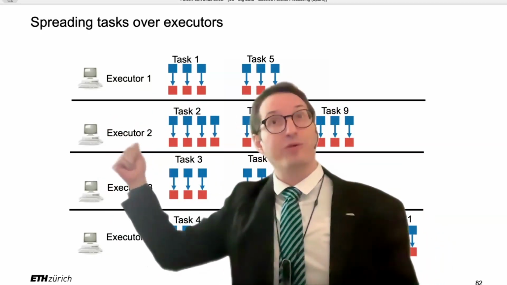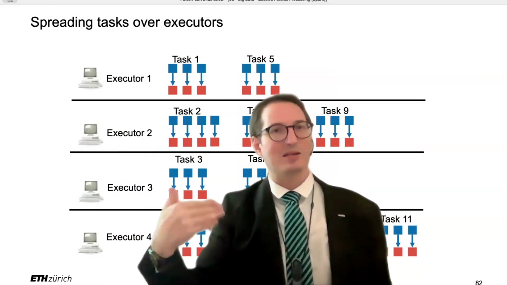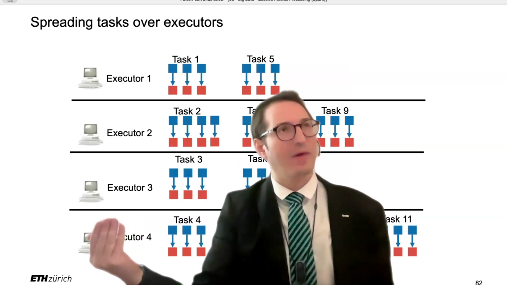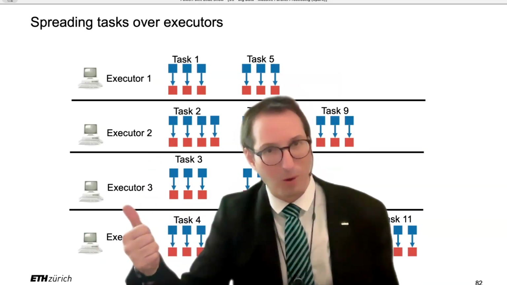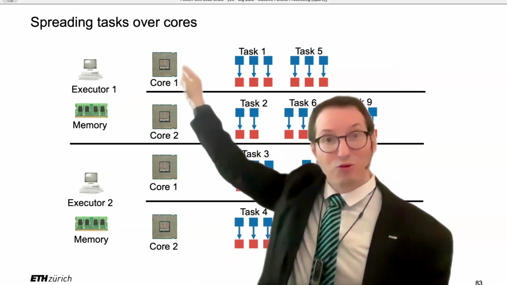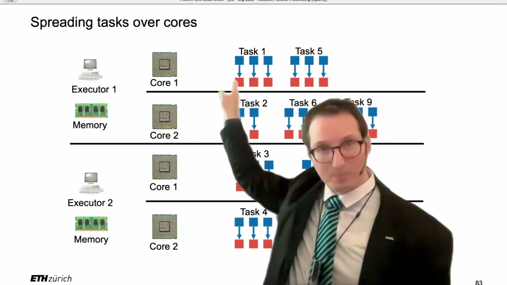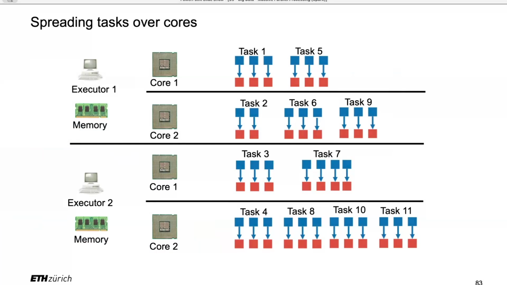Let's say we have an executor that has 3 cores. Do you see it would be inefficient to just have one task at a time? You want one task per core. So slightly change here: for every executor and for every core of every executor, we have a slot. So the number of slots in Spark is the number of cores. One executor might be executing multiple slots in parallel and evaluating multiple tasks.